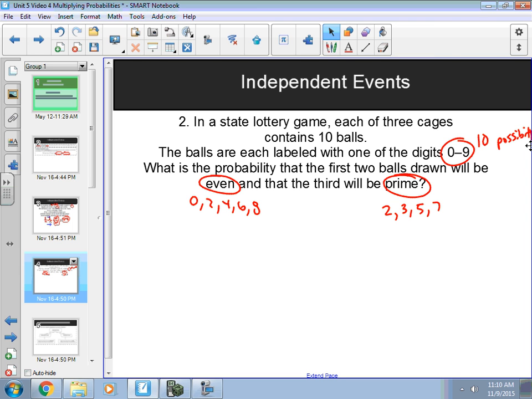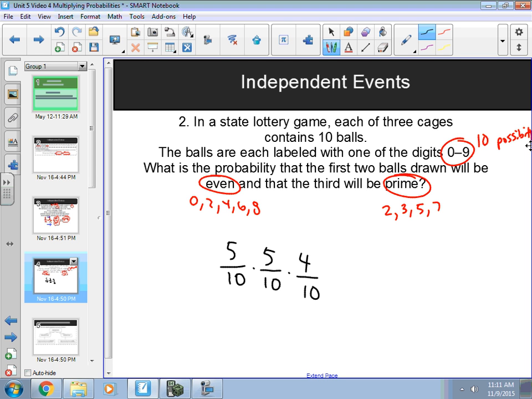Okay, so now let's figure out our probability here. What's the probability that the first ball will be even? Well, there's 5 things that make that true out of 10 possibilities. The second one even would be the same probability, 5 out of 10. And the third cage, we got 4 prime out of 10. And so to figure out the probability of all 3 things happening, we multiply that together.